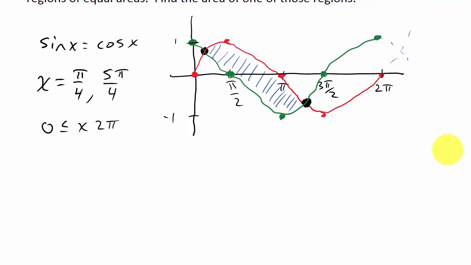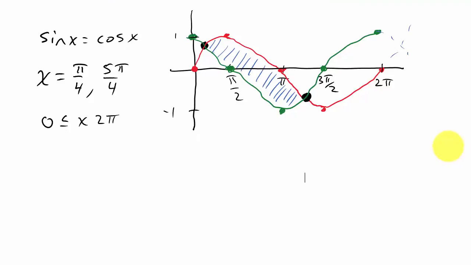All right, so let's set up our integral. So we're going to integrate from, here x is pi over 4 and here x is 5 pi over 4. So we're going from pi over 4 to 5 pi over 4. And remember, it's the function on top minus the function on bottom.